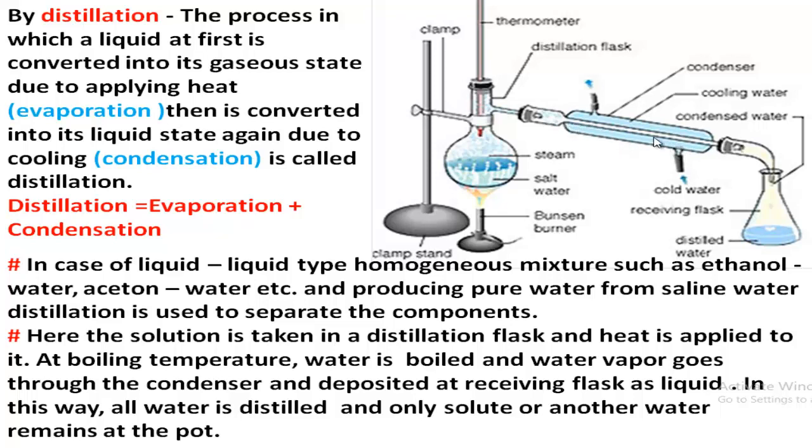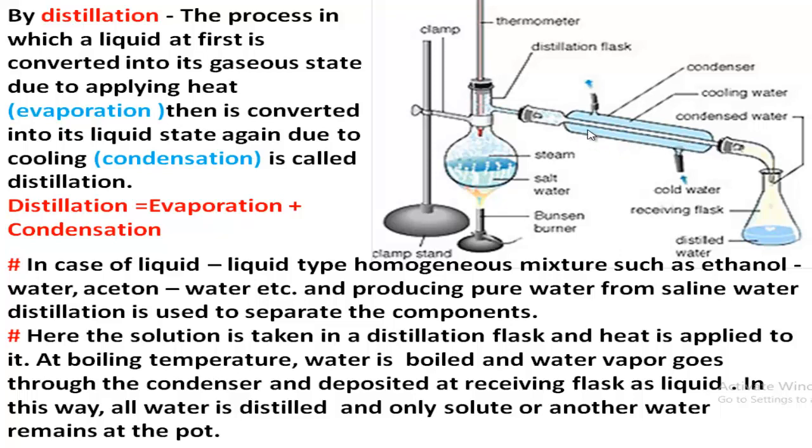When this cool water enters the condenser and comes in contact with the vapor, the water is converted into hot water, and from this outlet pipe the hot water will be drained. In this way, the temperature of the vapor decreases.